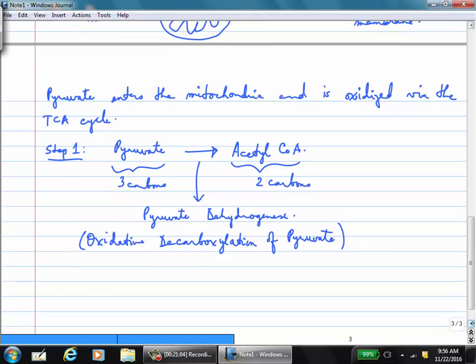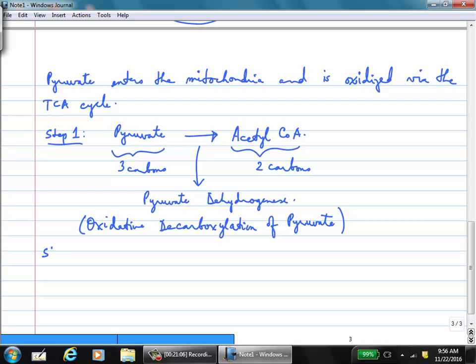So the second step, step 2. I'm pointing out only the reactions that you just have to know. Step 2 is that the acetyl coenzyme A that you got from pyruvate reacts with OAA. Again, OAA is there inside the mitochondria.